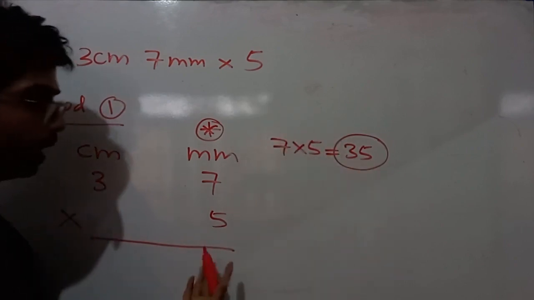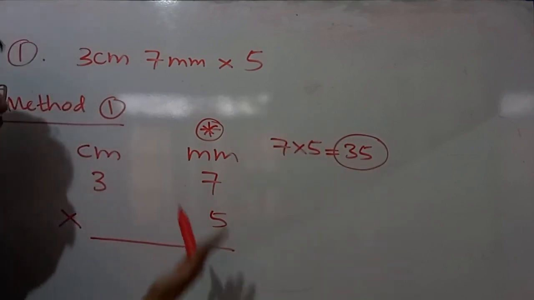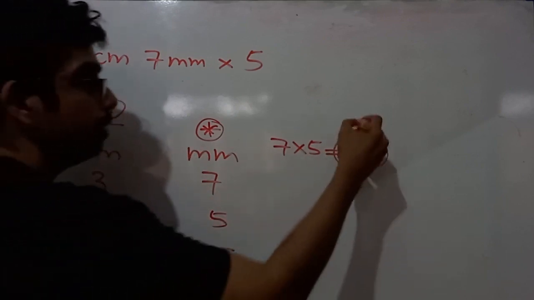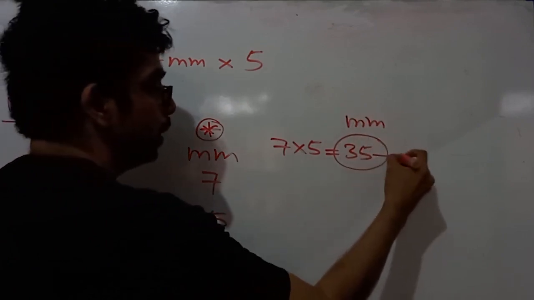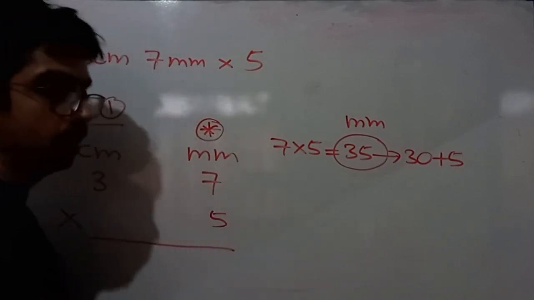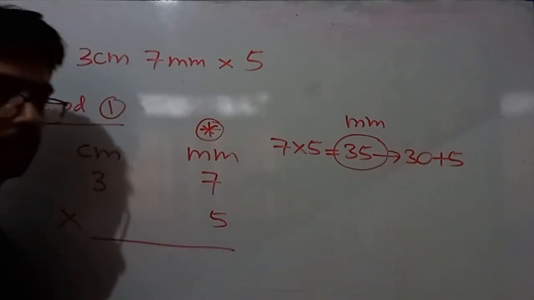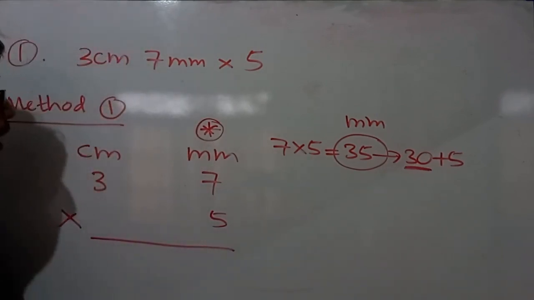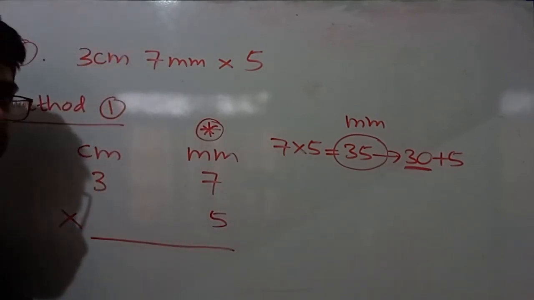Why? This is multiplication related to lengths. These are millimeters. So we can break this into 30 plus 5: 30 millimeters and 5 millimeters. Now this 30 millimeters we have to convert into centimeters.